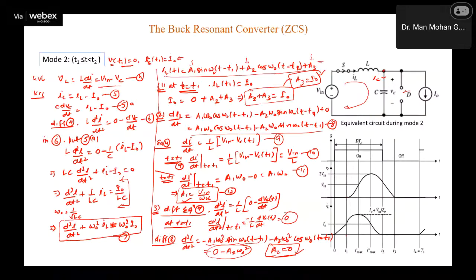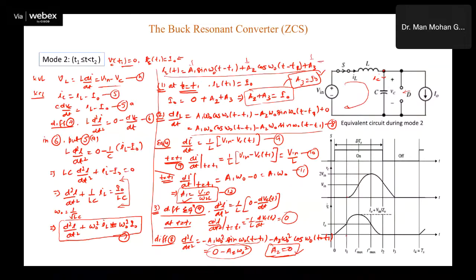So this ILT becomes now A1, which is Vin upon omega naught L, times sine omega naught (T minus T1), A2 is 0, so plus I naught. So this is our equation, which we have obtained after getting the solution of this particular mode.